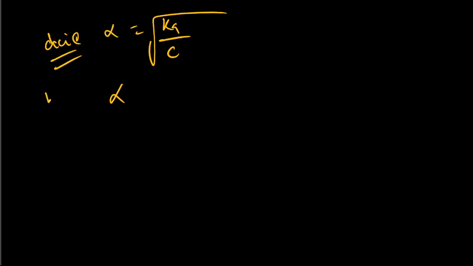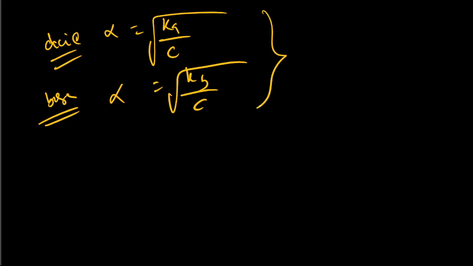So for monoacidic and monobasic, just apply the formula: for acid, alpha equal to the square root of Ka by concentration, and for base, alpha equal to the square root of Kb by C, for monoacidic or monobasic.